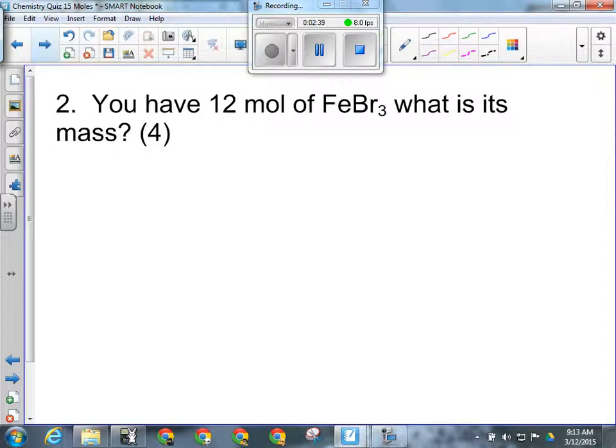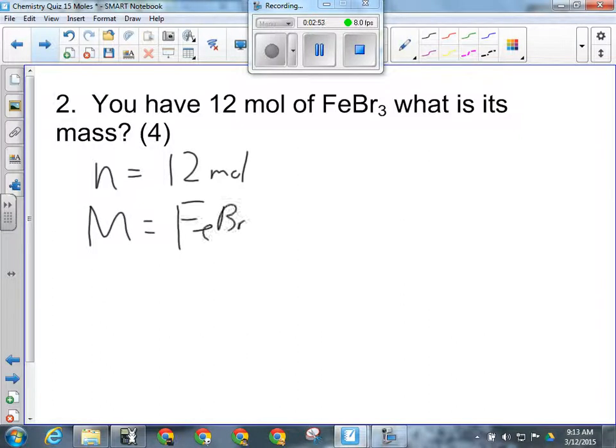For number 2, I've got 12 moles of iron 3 bromide. What is its mass? The question gave us N, 12 moles. They told us the material, iron 3 bromide. So we're going to have 55.85, and there's only one of those, plus 79.9 times 3.